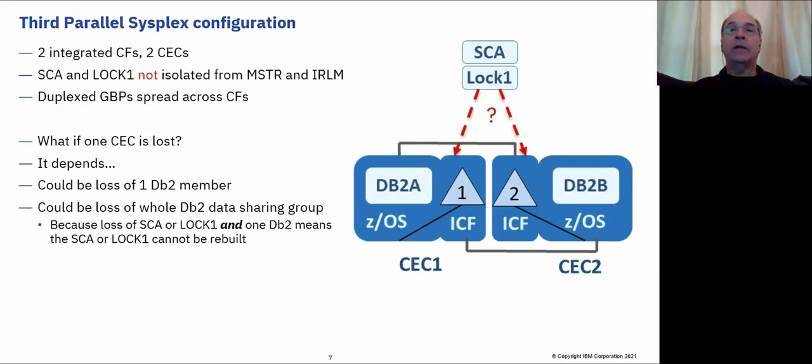On the other hand, if the lock and the SCA are on ICF1 and we lose CEC1, then we've lost both an exploiter, Db2A, as well as a structure. And Db2B and its IRLM cannot rebuild the SCA and the lock by themselves. In that case, we lose the entire data sharing group. So now we have an availability exposure. We often call this the double failure scenario.